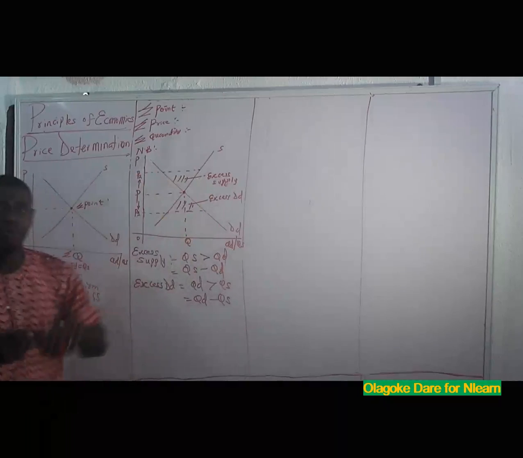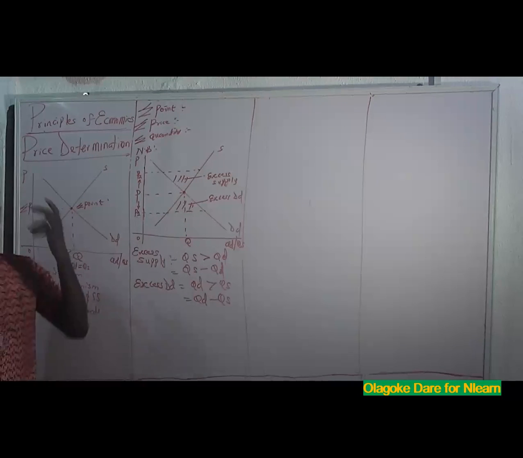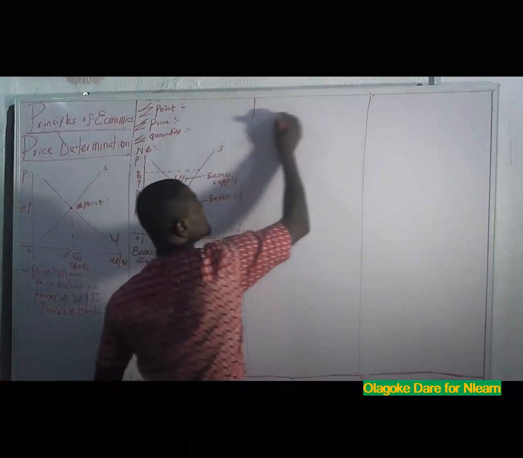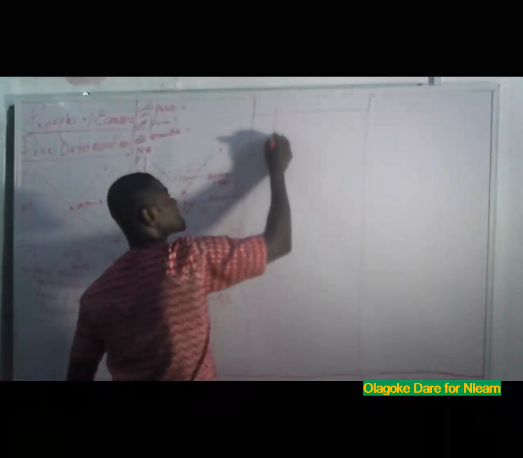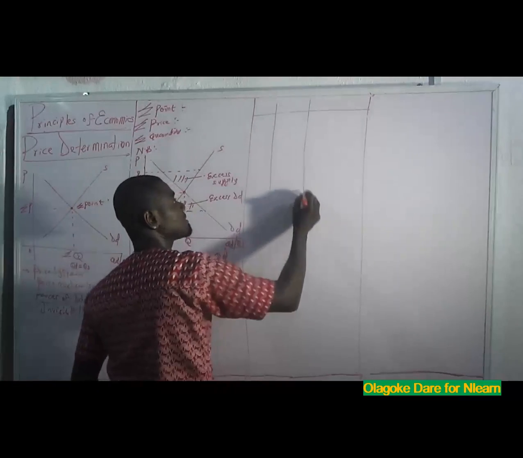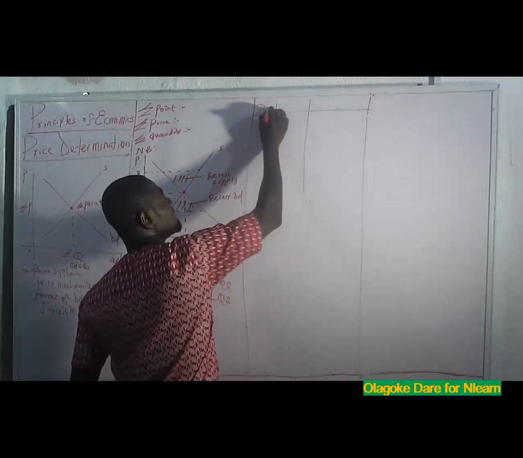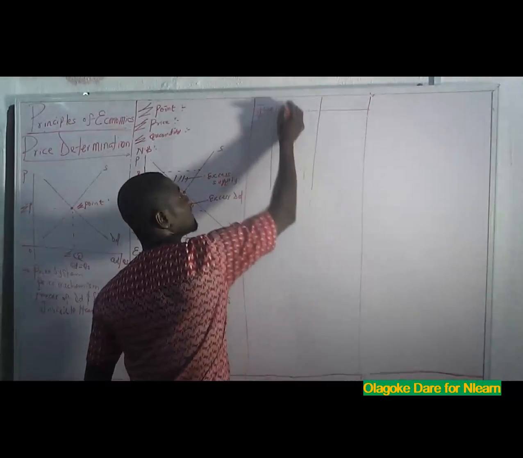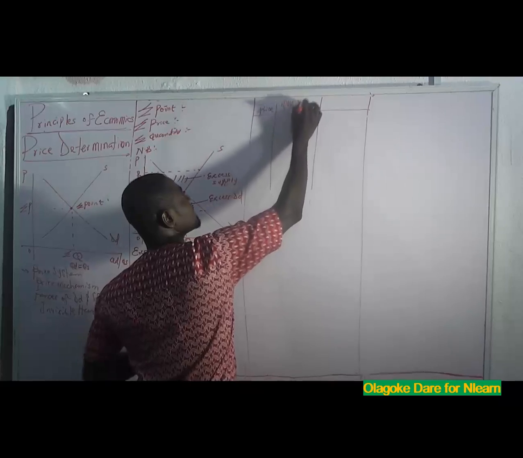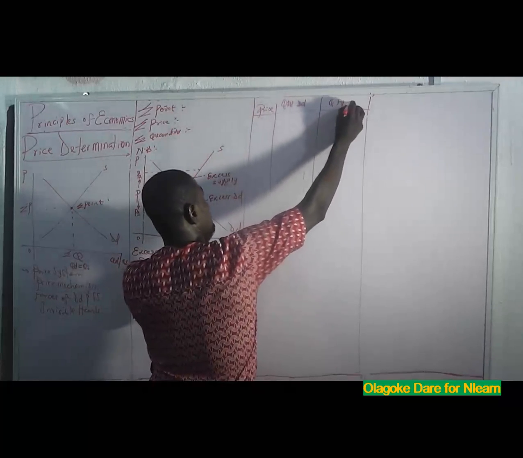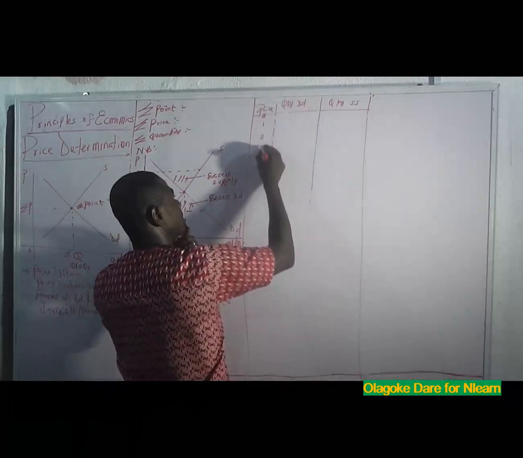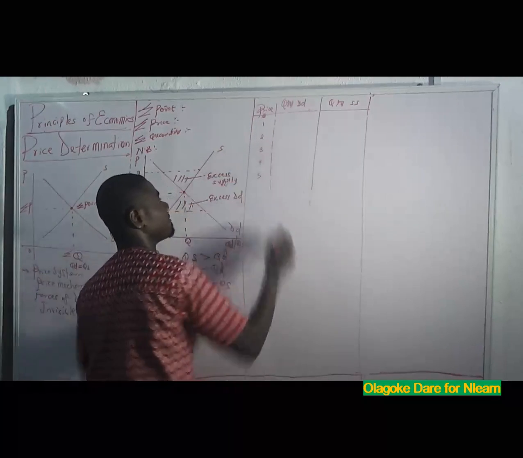Now let me show you from a table. Let's say here is my price, and here is my quantity demanded and quantity supplied. Let's say I have 1 naira, 2 naira, 3 naira, 4 naira, and 5 naira.